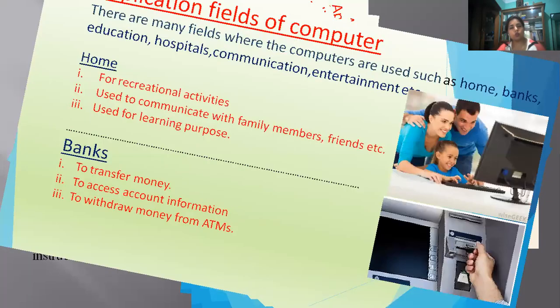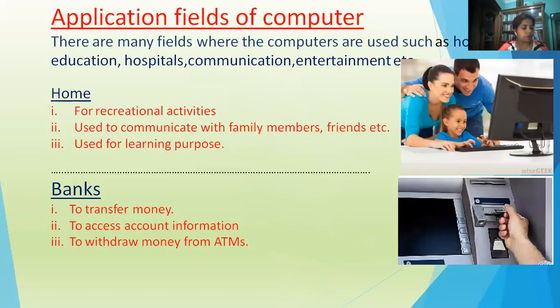Now, note down this heading: application fields of computer. Write down only the application fields, like home, banks.